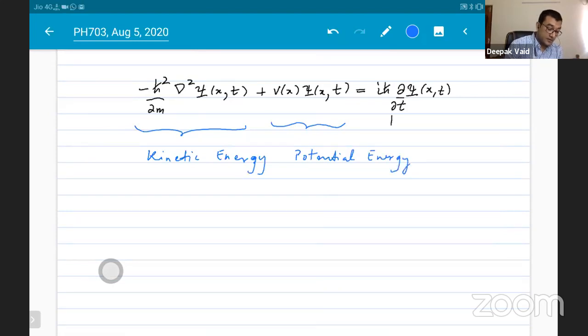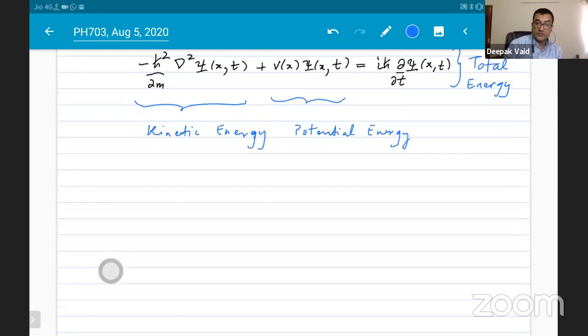Right? And what happens when you take the kinetic and potential and you add them together? You get the total energy. Okay? So we can write this expression more symbolically as T plus U is equal to E. This is the Schrodinger equation.